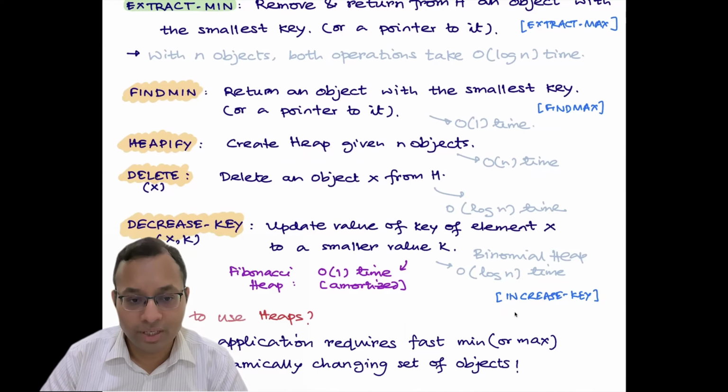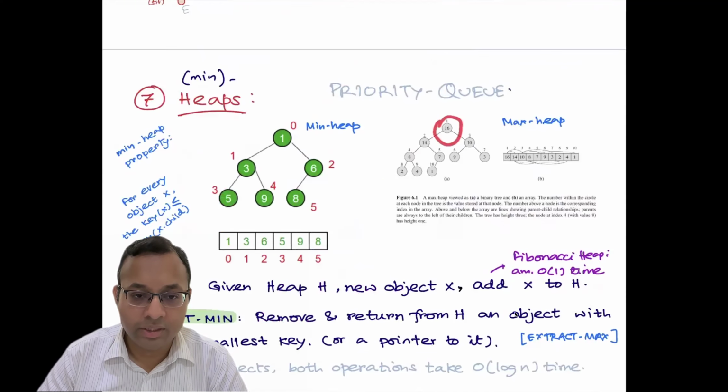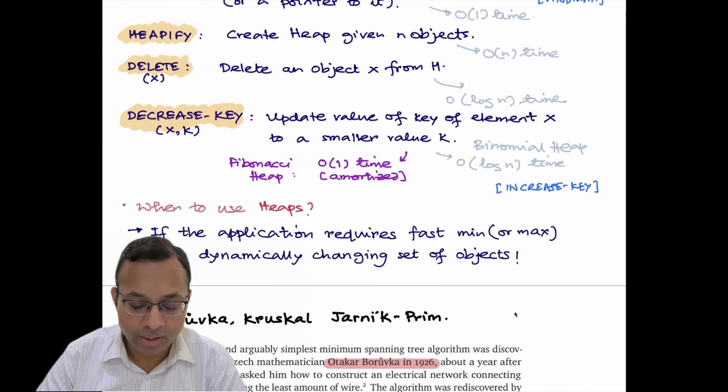But if you use Fibonacci heap, you can do even better. It's constant time amortized. So what I mean is, let's say here, I want to reduce this 16 to 15, or 12. So I change the value and then there will be some modification in the tree, but that can be done quite quickly, in constant amortized time, or in binomial heap, order log n time.